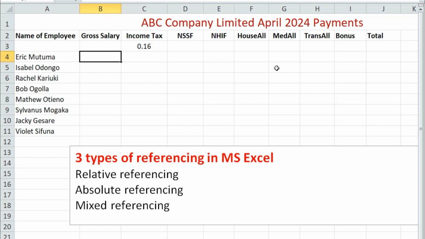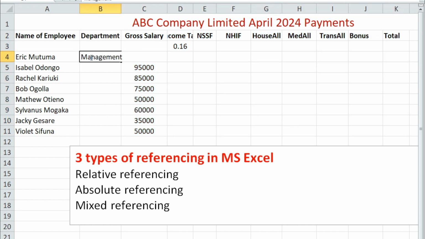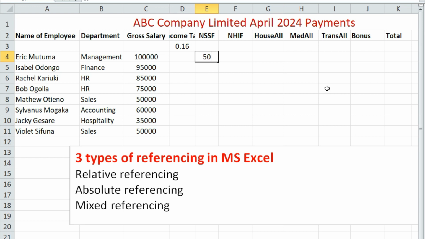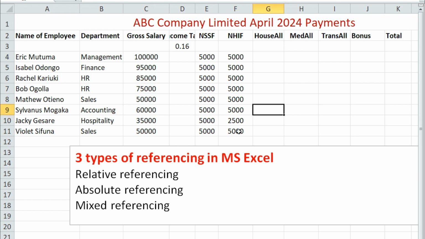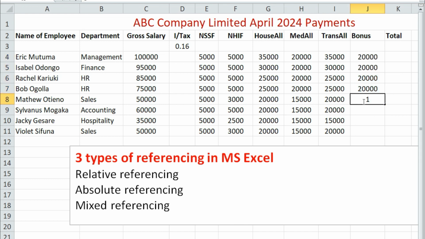So the gross salary, let's say Eric Mutuma earns like that.